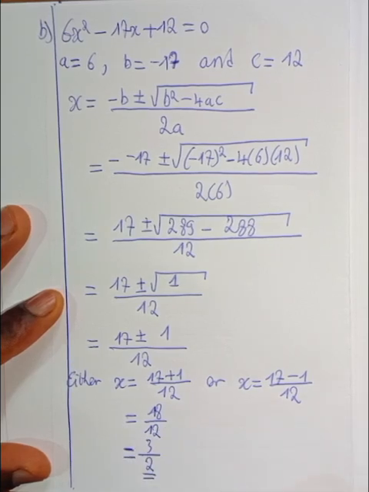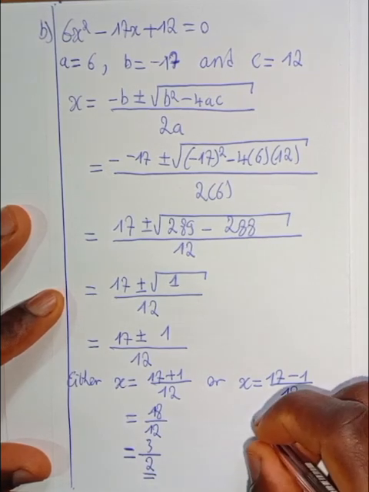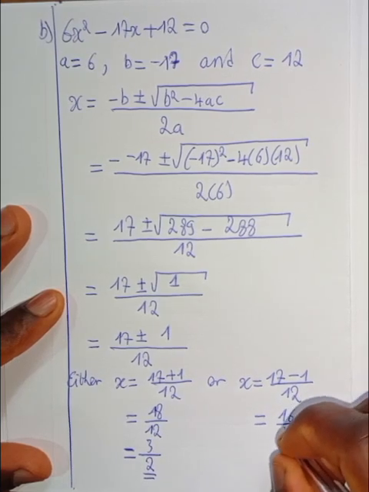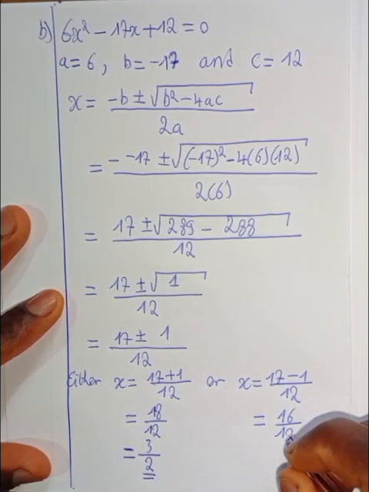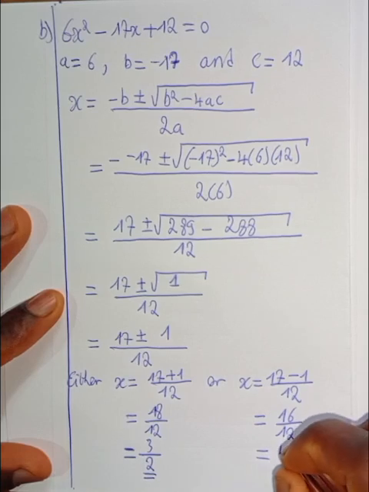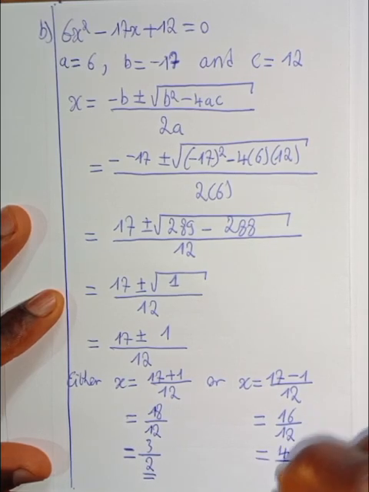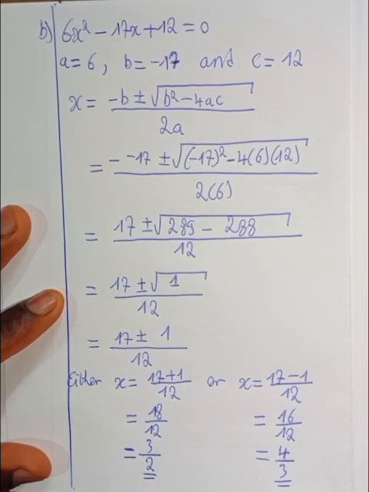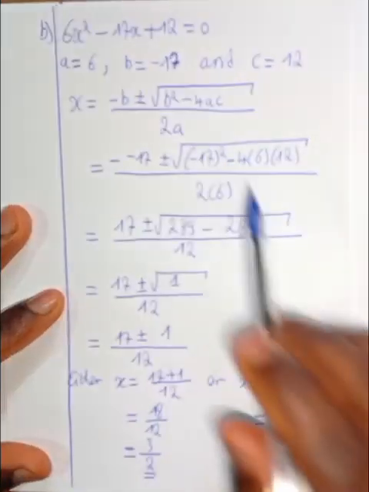This gives us 3 over 2. Or 17 minus 1 gives us 16 all over 12. 4 will go into 16 4 times, and 4 will go into 12 3 times. Therefore, x will be equal to 3 over 2 or 4 all over 3. So these are the roots of this quadratic equation.